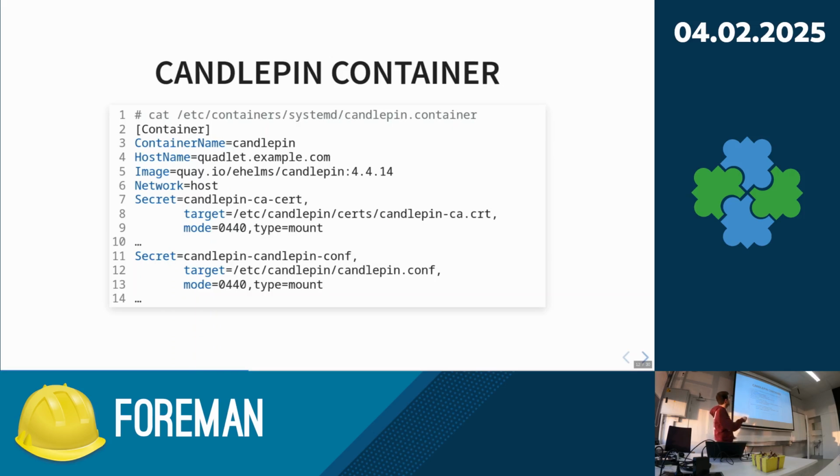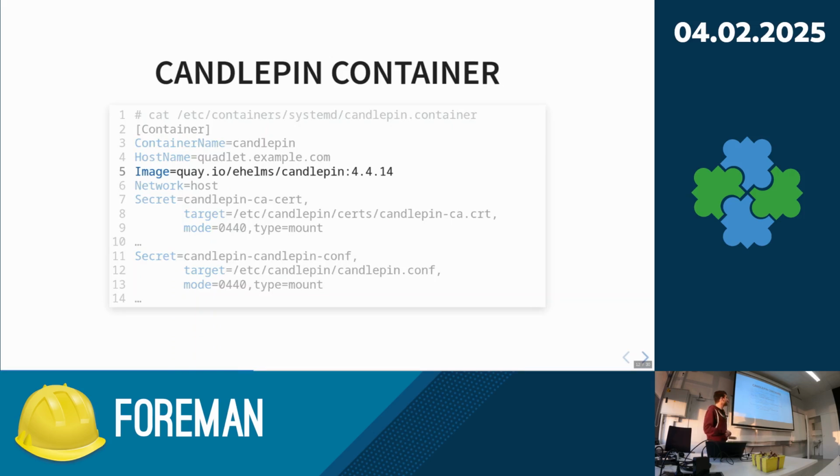This file goes in /etc/containers/systemd, and there's a systemd generator that will then create at runtime a service that you can trigger and interact with. The interesting part of this file is that it looks like a systemd unit definition, just that it says Container and not Unit. The important part is the image. We have the candlepin image with a fixed version tag here in the example. That's one of the points that we are not sure about yet, how we do versioning, but that's for the future.